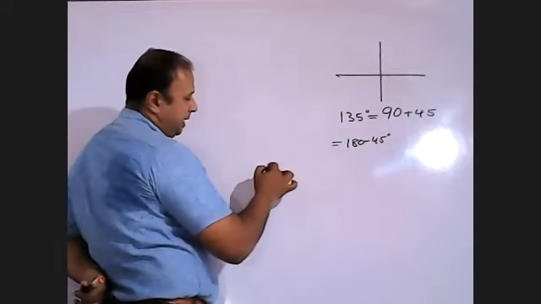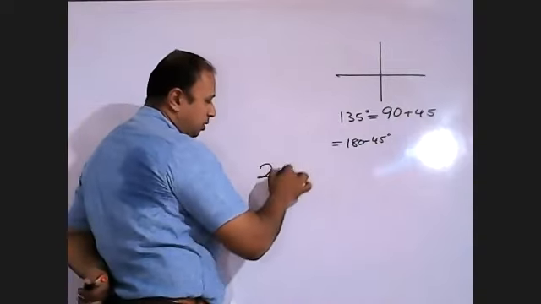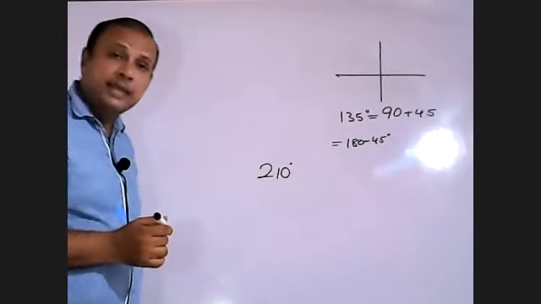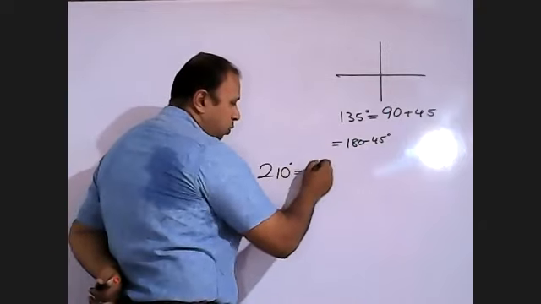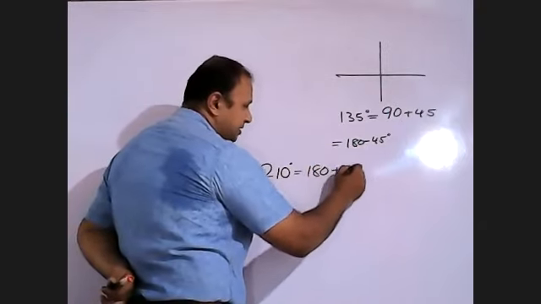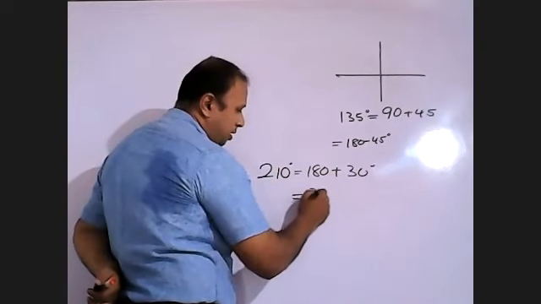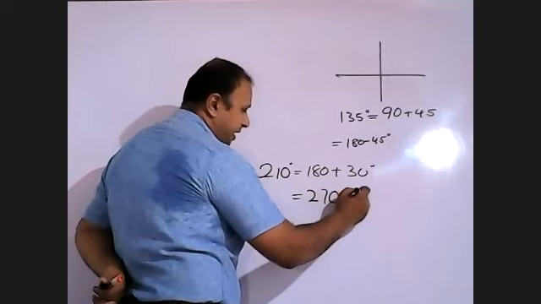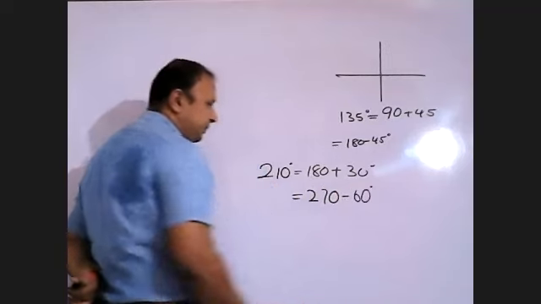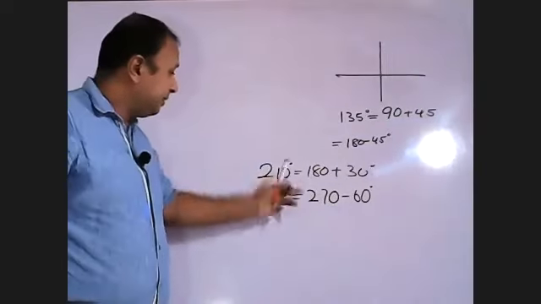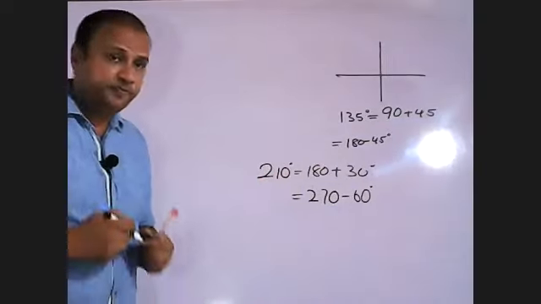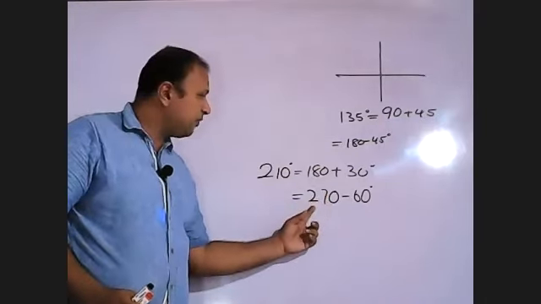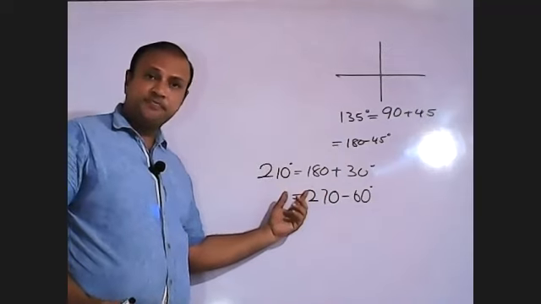Suppose you have to represent 210. Then you can represent it as 180 plus 30 or 270 minus 60. You can write it in either way. What are 180 and 270?